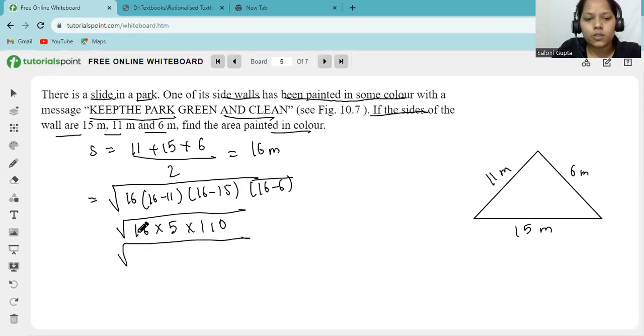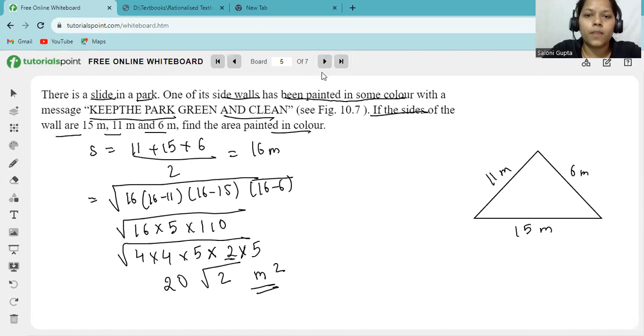Now I can write this as 4 into 4, into 5, and this is 1. 5 ones are 5, so nothing. And 2 into 5 I can write. So what we are getting? 4 5s are 20 under root, and this 2 is left. So 20 under root 2 meter square is our answer.